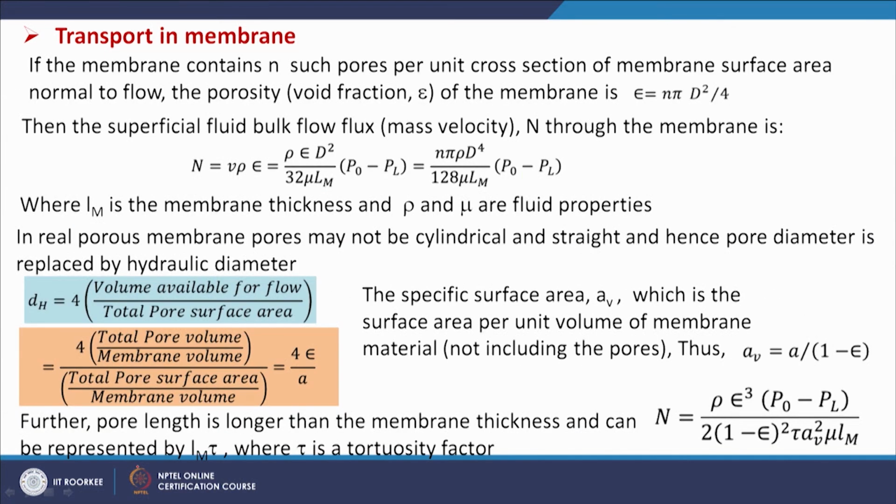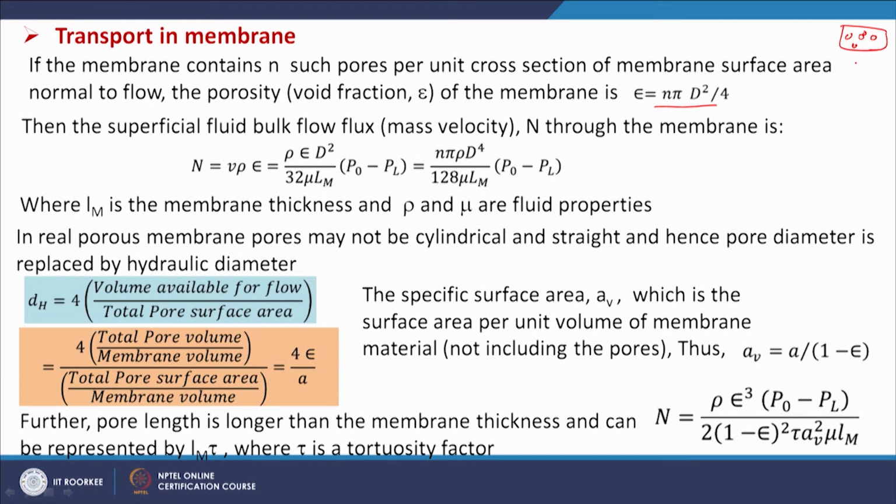Now, if the membrane contains n such pores per unit cross section of membrane surface area normal to flow, what is the porosity of the membrane? Pi r square for a single pore, so pi d square by 4 for a single one. So, n into pi d square by 4 is the total surface area covered by the pores, and total surface area of the membrane is 1, as we have assumed.